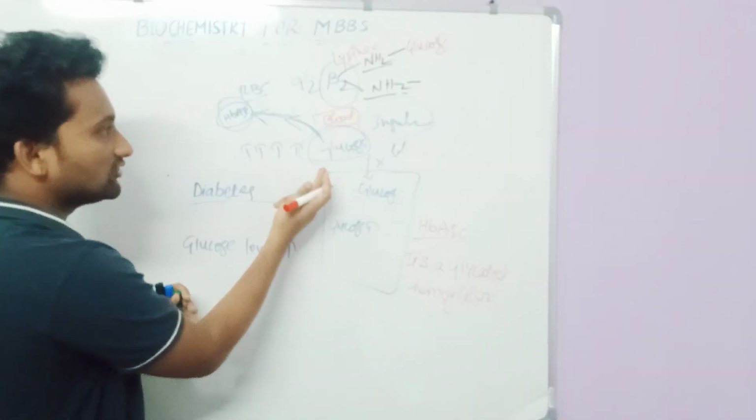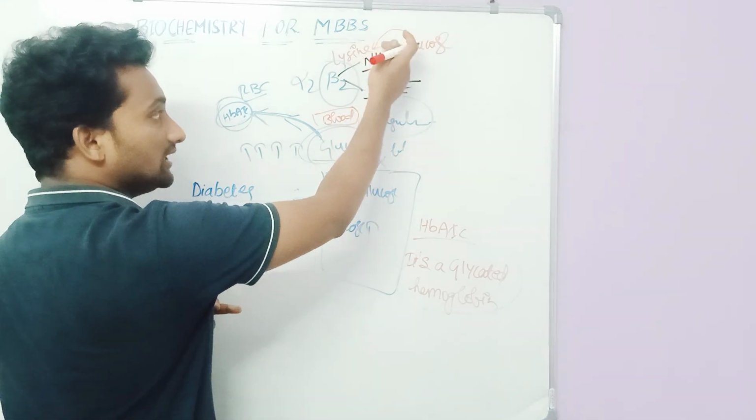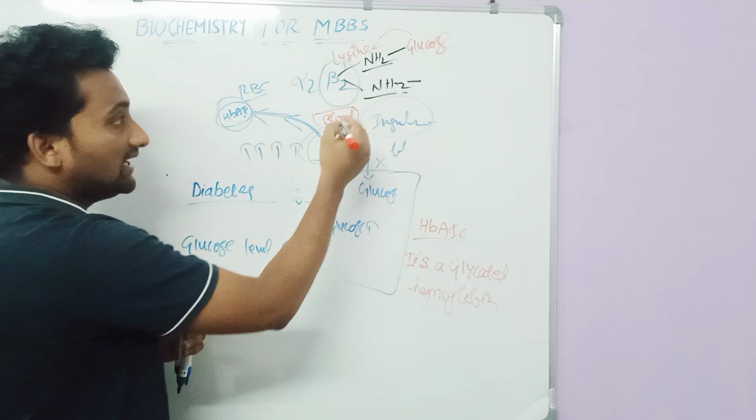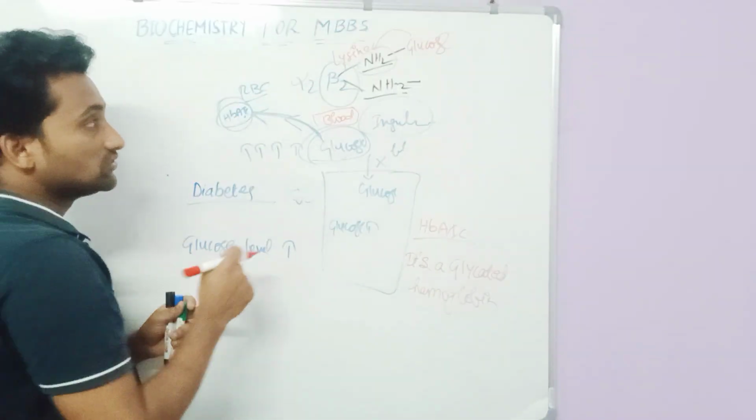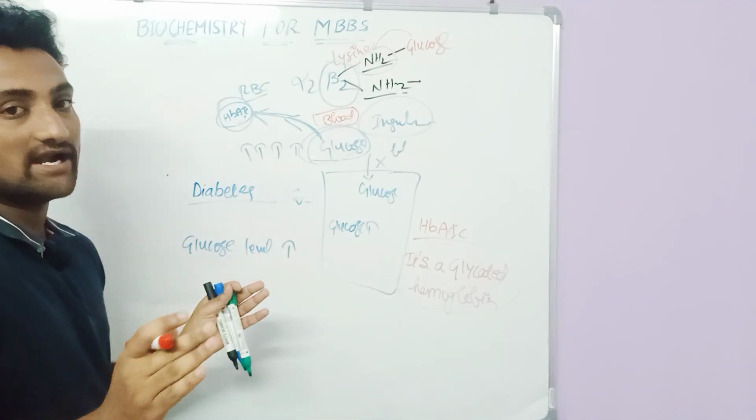So here what happens? The accumulated glucose is going to attach to the N-terminal group of the lysine. So glucose is getting attached to the lysine with no enzymatic reactions.